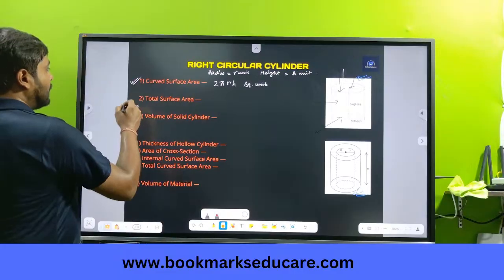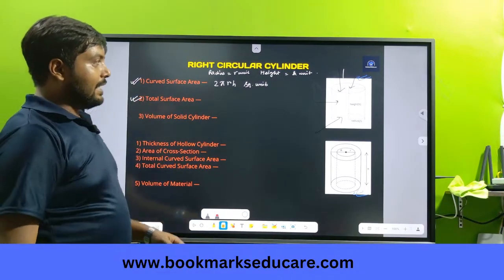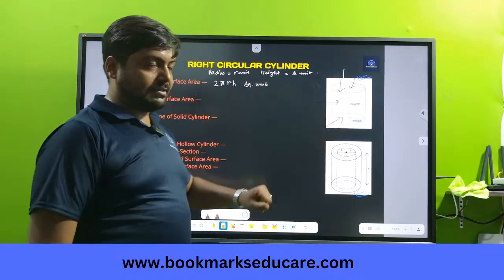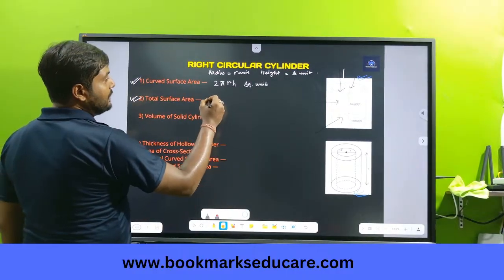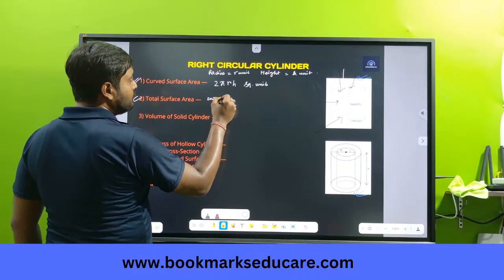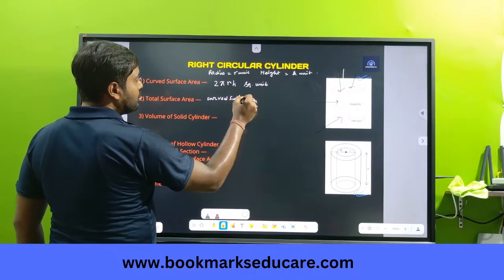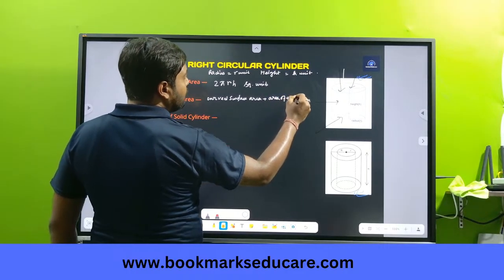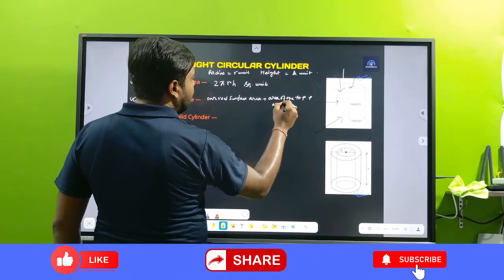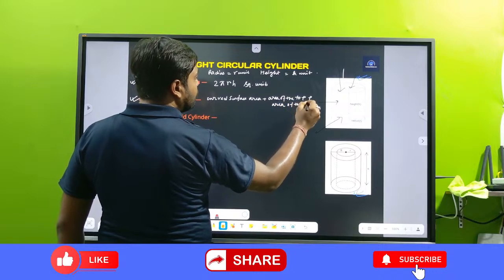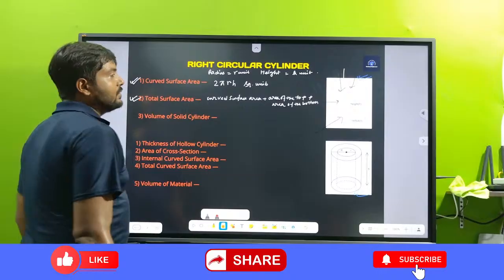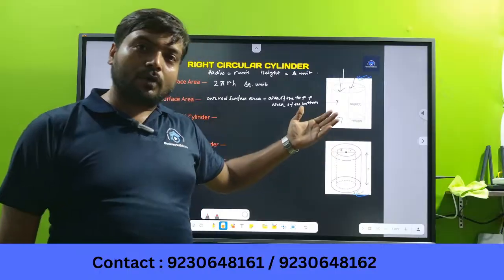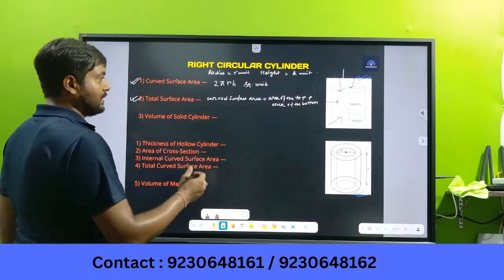Now we have the total surface area. So here actually one curved surface area and two plane areas. So the total surface area will be the curved surface area plus area of the top plus area of the bottom. And as the top is in the form of a circle and the bottom is also in the form of a circle, so area of circles will be there.